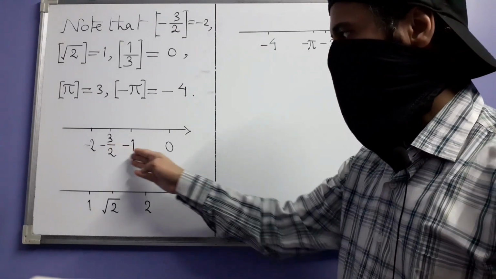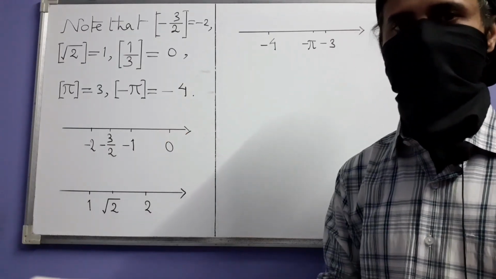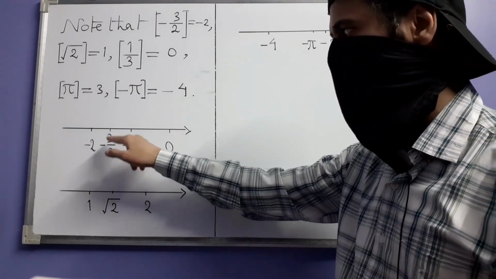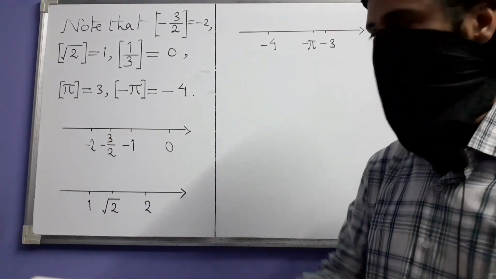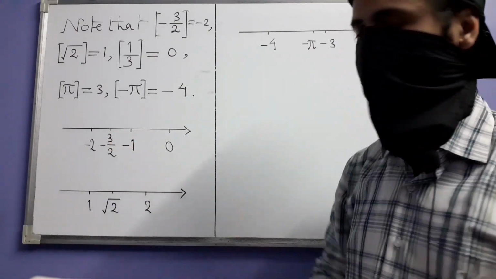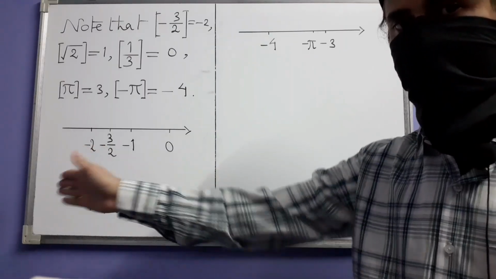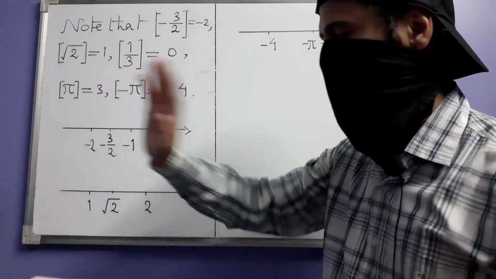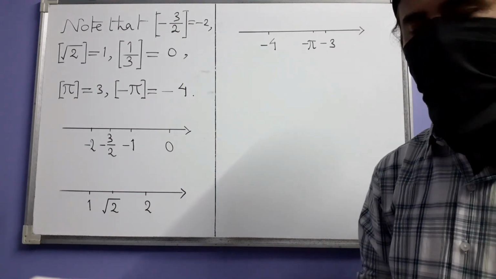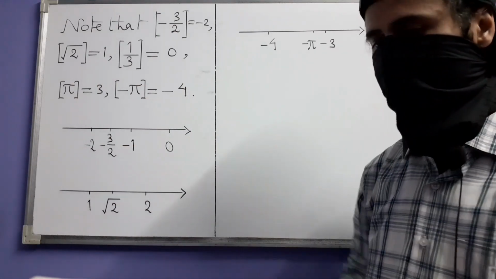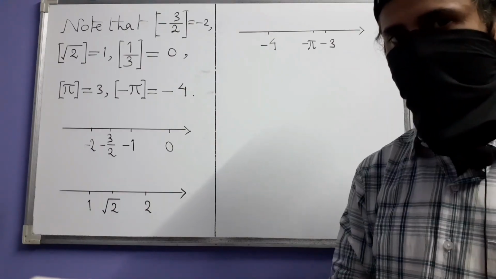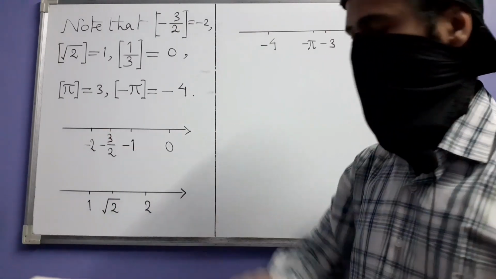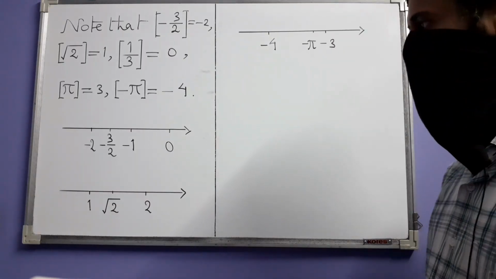This is where the point is situated which corresponds to minus 3 divided by 2 with respect to the integers. This real number lies between minus 1 and minus 2. Actually, if you write its decimal representation, it is minus 1.5. It lies halfway between minus 1 and minus 2.